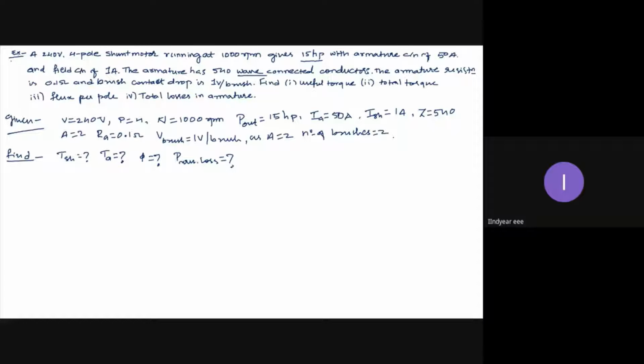So first we'll draw the circuit diagram for the motor. So it is a DC shunt motor having input voltage of 240 volts, armature current of 50 amps, field current of 1 amps, RA 0.1 ohms with EB acting opposite to the source.